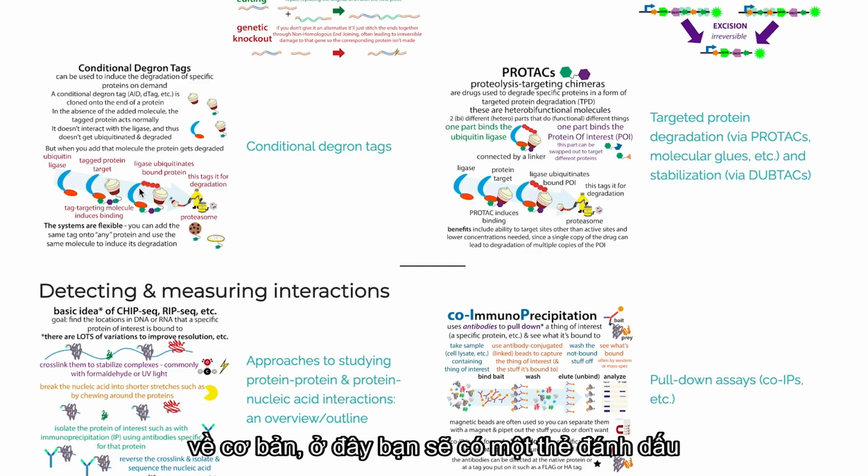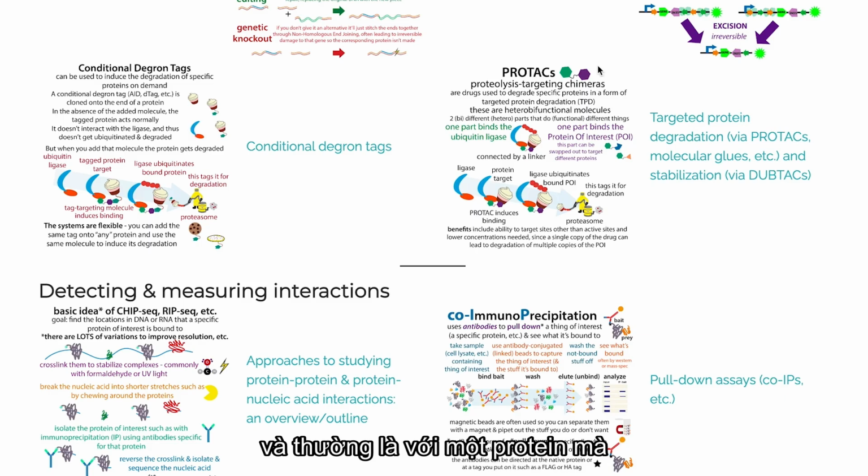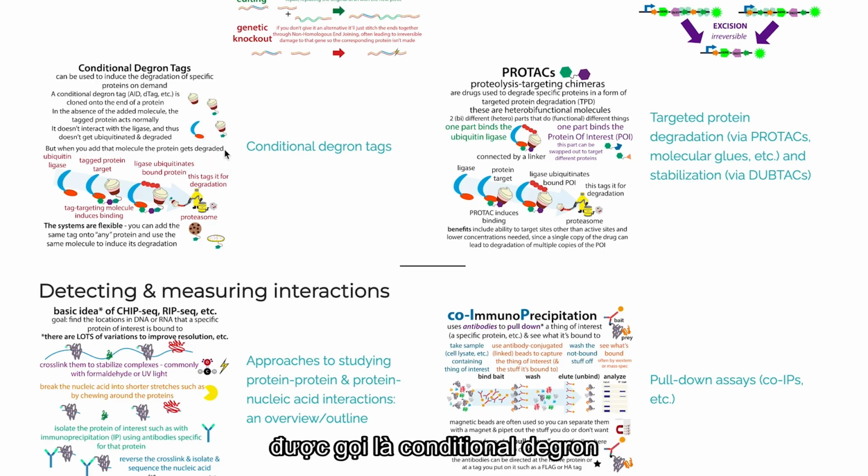So basically what happens here is that you have a tag that's cloned onto the end of a protein. So here you have to do some genetic manipulation first, and often this is going to be with a protein that's, say, expressed from a plasmid. The sequence that you put on is called a conditional degron. A degron is the sequence that a ubiquitin ligase is going to recognize.